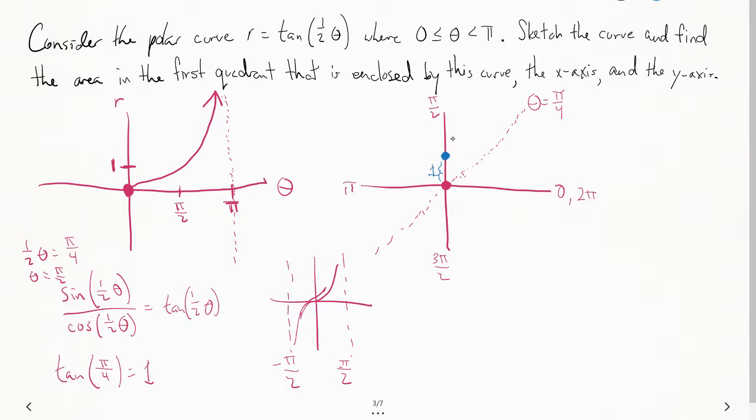So as we're clicking this around and getting closer and closer, we're getting further and further away, so we're getting up to that value. 1 will be the longest length that we have in that quadrant. So you have something that goes kind of like that. Now what happens? Well, as we get closer and closer to pi, we're getting closer and closer to infinity. So notice we're just growing and growing from here.